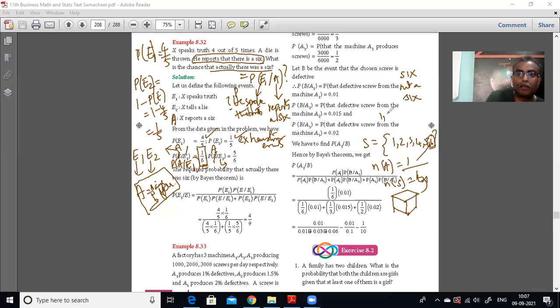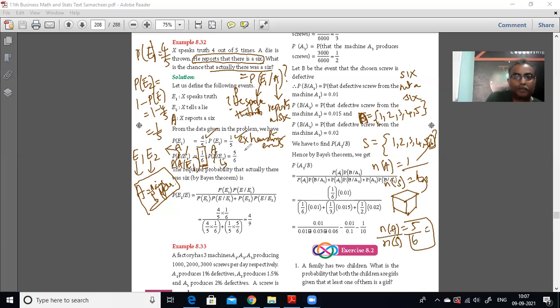So what all has come? 1, 2, 3, 4 or 5 has fallen. Understand? Event A is now 1, 2, 3, 4, 5. Except 6, all other numbers can come. So now n of A is 5, n of S is 6. So that probability is 5 by 6. That is why he is given here 5 by 6.